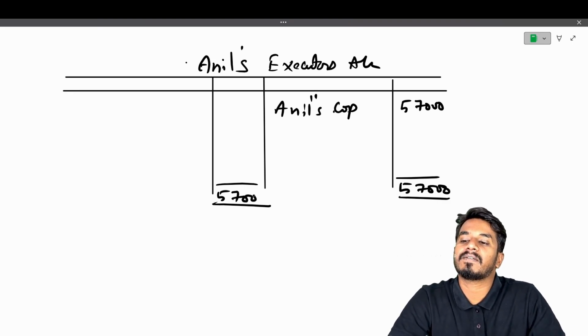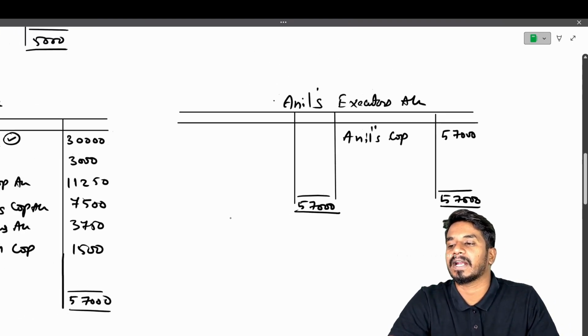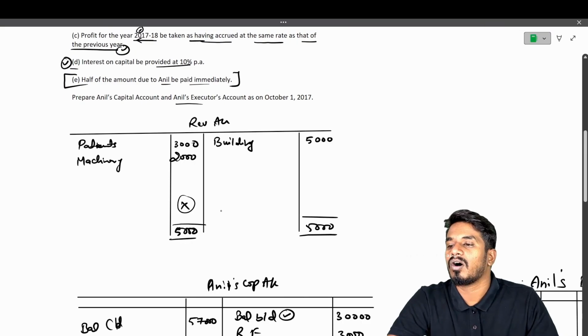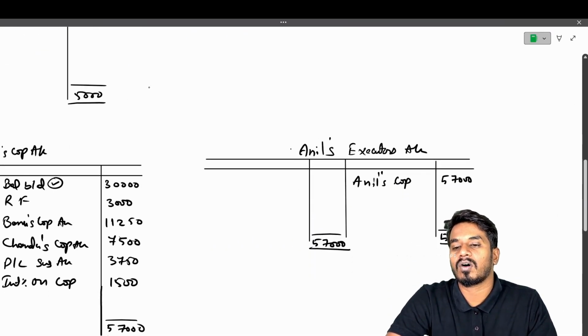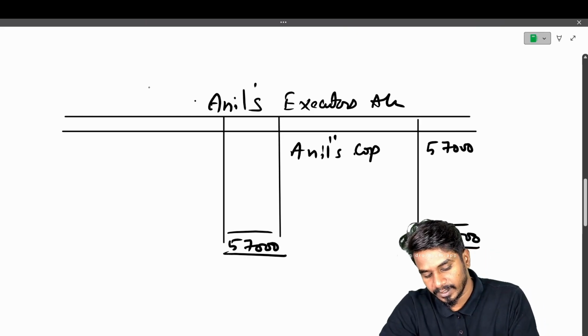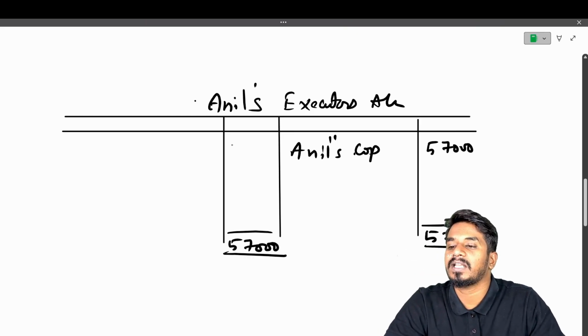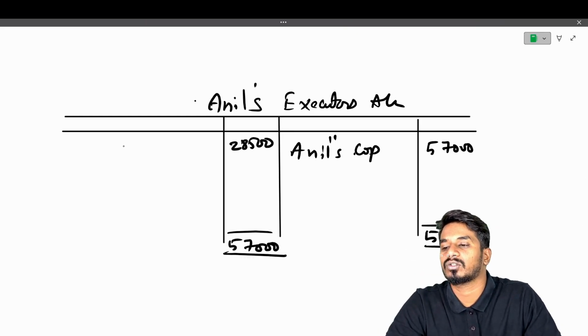Out of this 57,000, we have paid half of the amount due to Anil. What is half of 57,000 divided by 2? It is 28,500. Through the bank account we have paid.